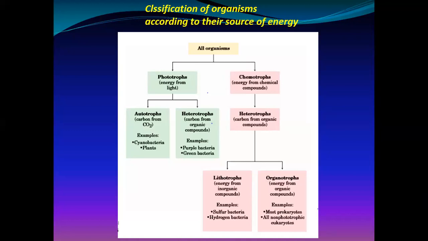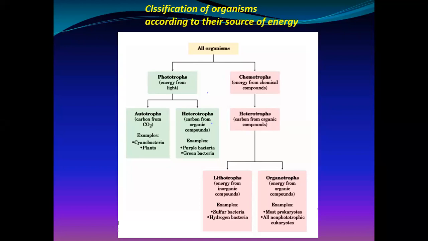In the chemotrophs also, we divide them into two, lithotrophs and organotrophs, right? Lithotrophs get energy from inorganic compounds, sulfur bacteria, hydrogen bacteria. Organotrophs usually get energy from organic compounds.